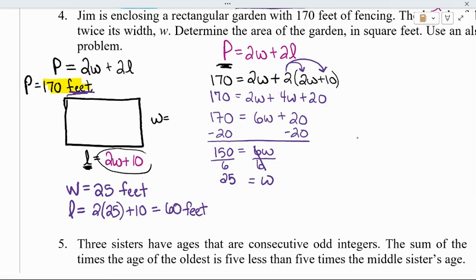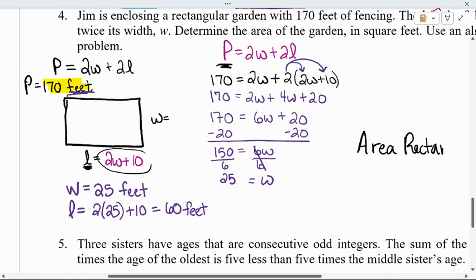Okay. So this question says, hey, I need you to find the area of the rectangle. I forgot how to do that. Who knows how to find the area of a rectangle? Someone other than Loriana. Go ahead, Braden. What is it? Yeah, the area equals the length times the width.